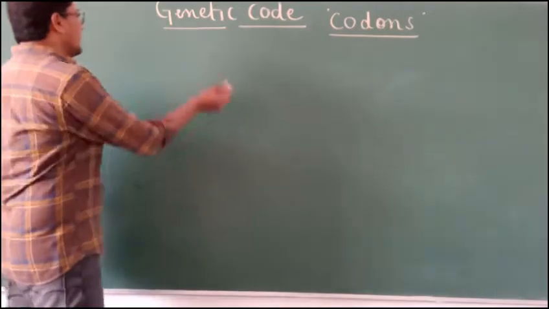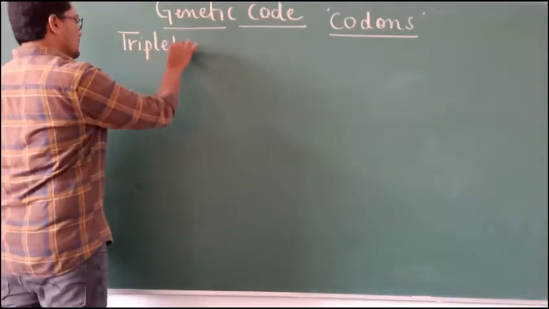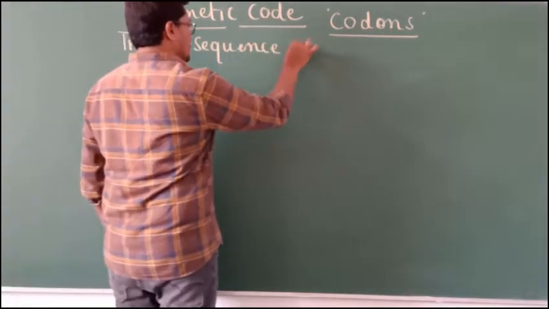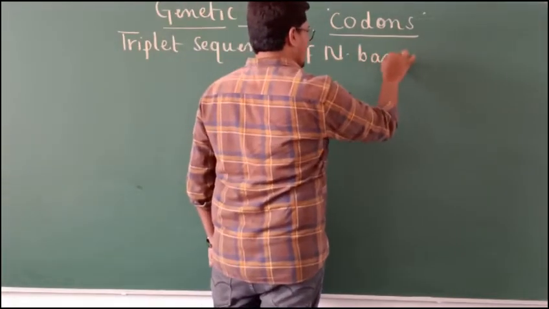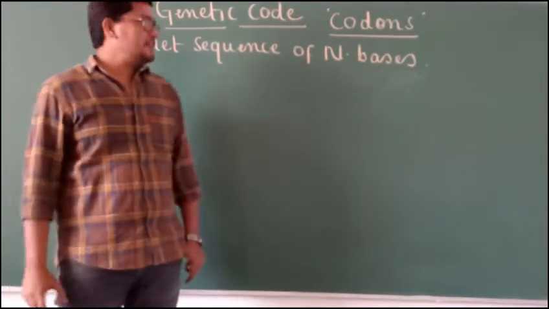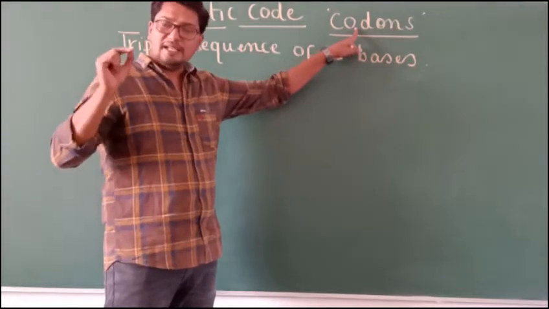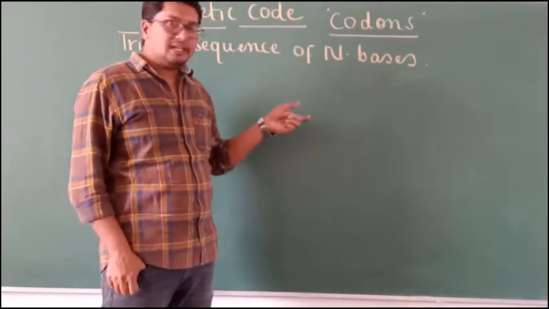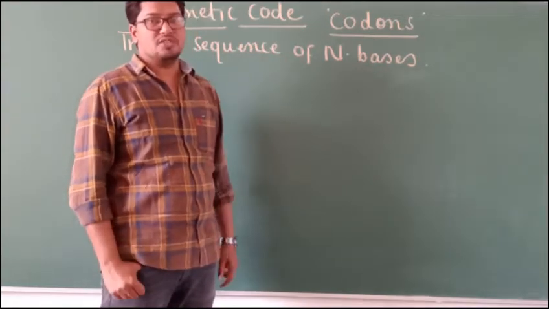A codon is nothing but a triplet sequence of nitrogen bases, and each codon codes for a particular amino acid at the time of polypeptide chain synthesis on ribosomes.